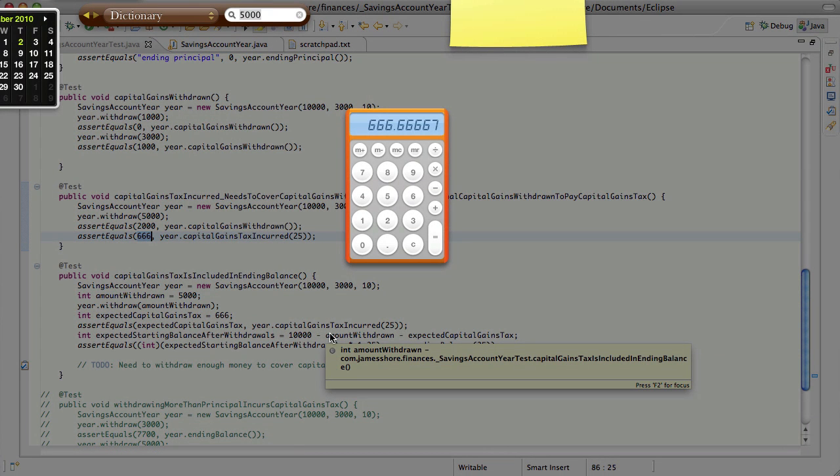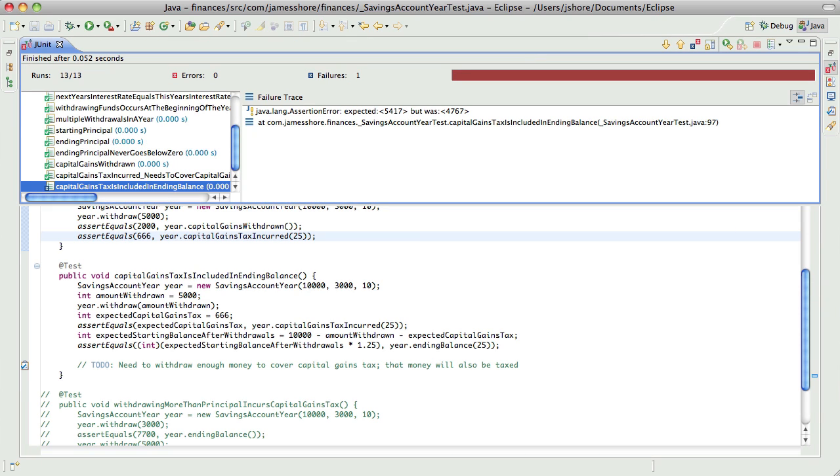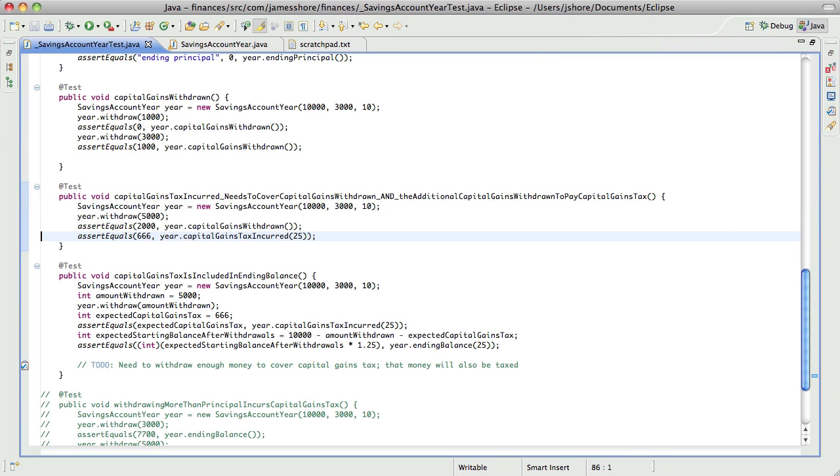So 10,000 minus 5,000 minus 666 equals 4,334 times 1.25, 4,017. But we're getting 4,767. Well, that's interesting.